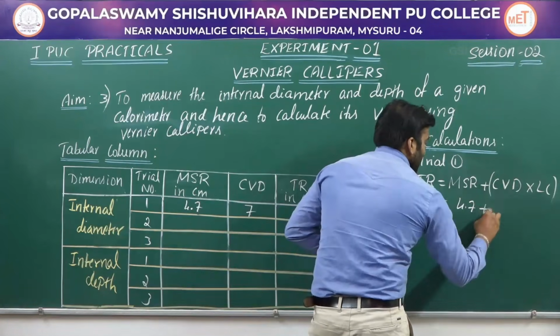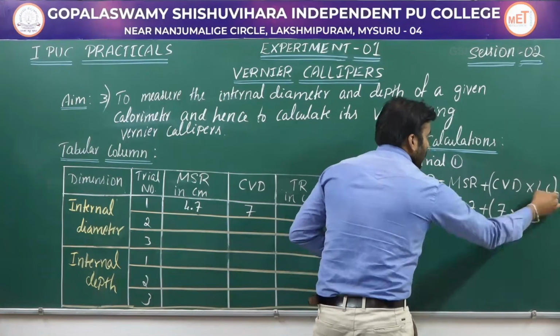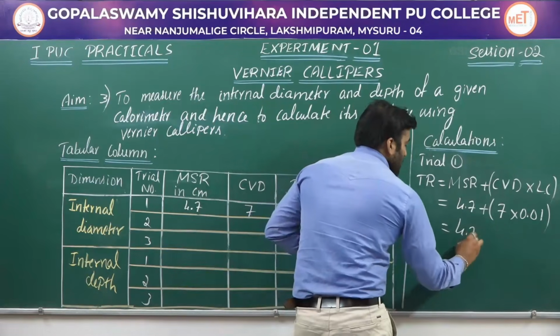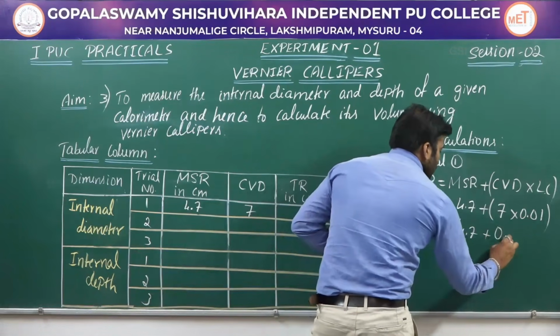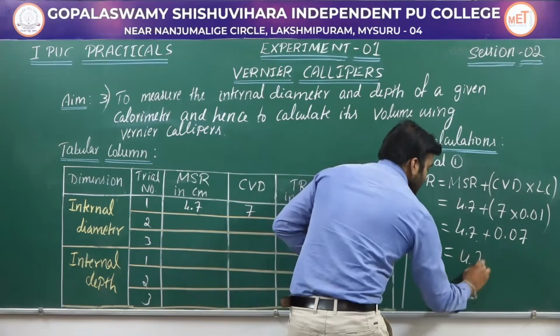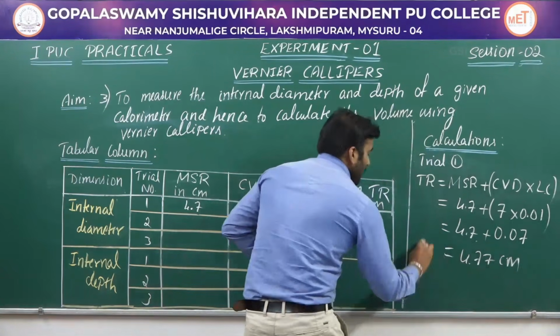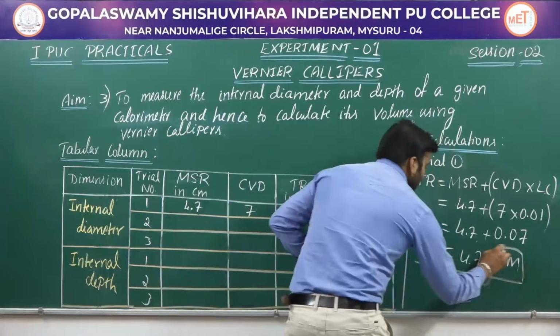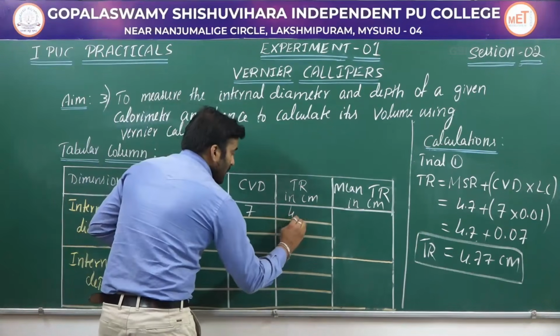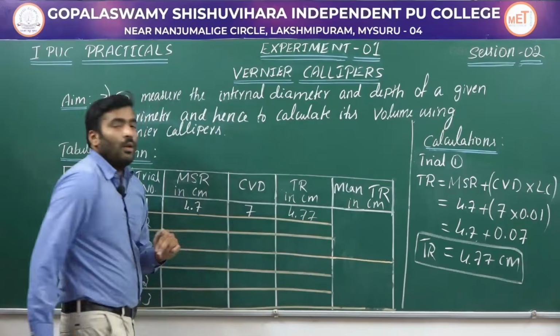MSR is 4.7 plus CVD is 7 into least count 0.01. Now keep this as it is and multiply these two. So you will get 0.07, and the total reading for the first trial is 4.77 centimeter. Let us write that. This is 4.77.